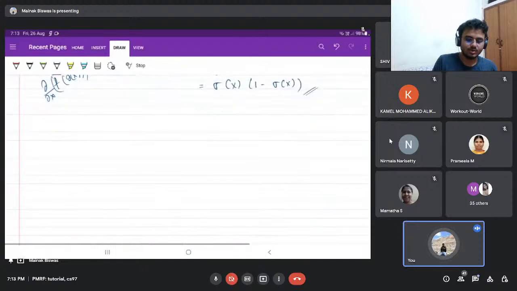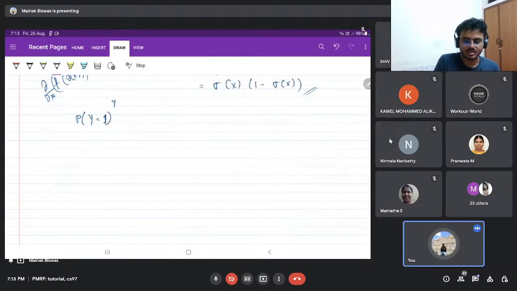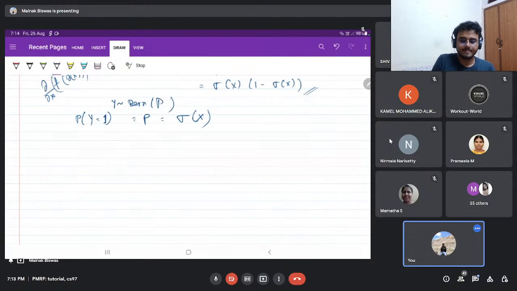If y is distributed as a Bernoulli random variable, the probability of y equal to 1 is nothing but p. So you can model p as sigmoid of x if you are given x. This is the whole idea of logistic regression.